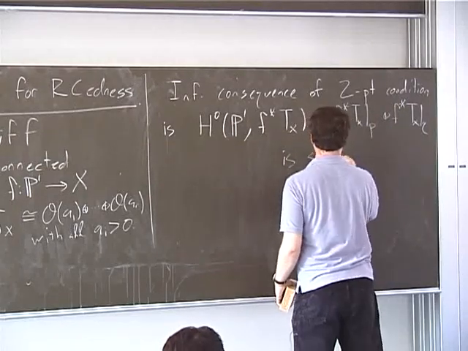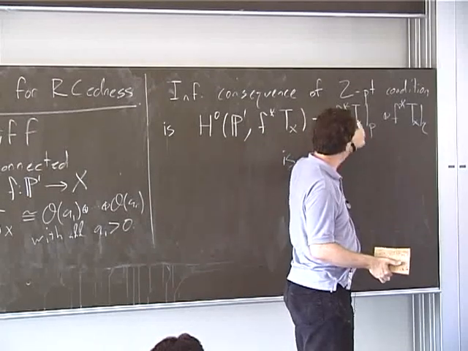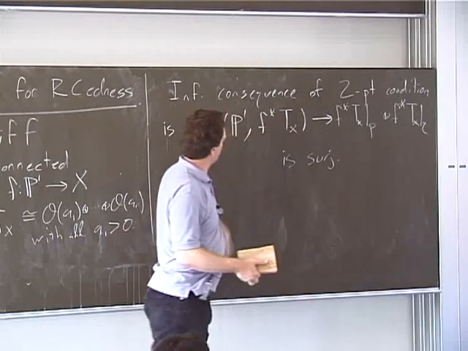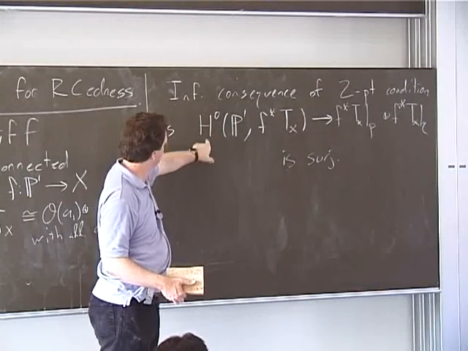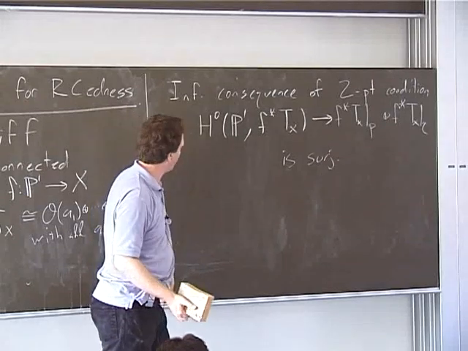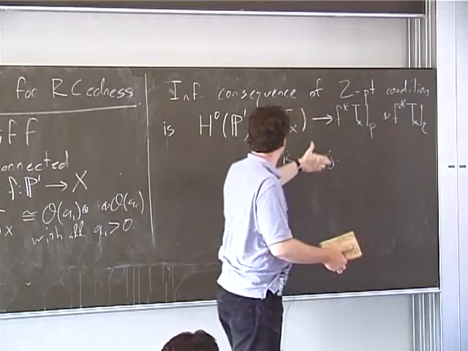So again, what this is saying is that if you choose a first order movement of P and a first order movement of Q, then you can find a first order movement of the map, which is equivalent to a global section of the pullback of the tangent bundle, which matches those two conditions there. So it means this is surjective.